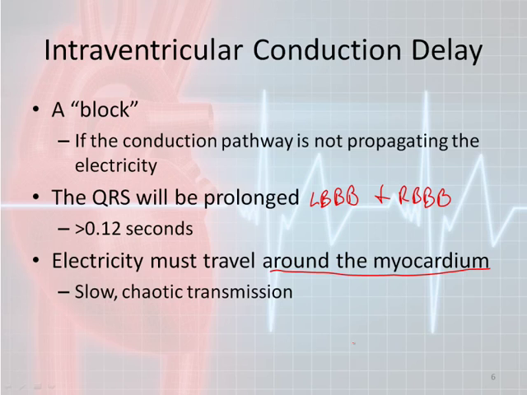If you're using the myocardial cells, you have to account for muscular contraction. So the muscle cells, whenever they do propagate the signal, it's a much slower process. It is very, very slow, which gives us the slow transmission around the myocardium, causing the prolongation of the QRS beyond 0.12 seconds.